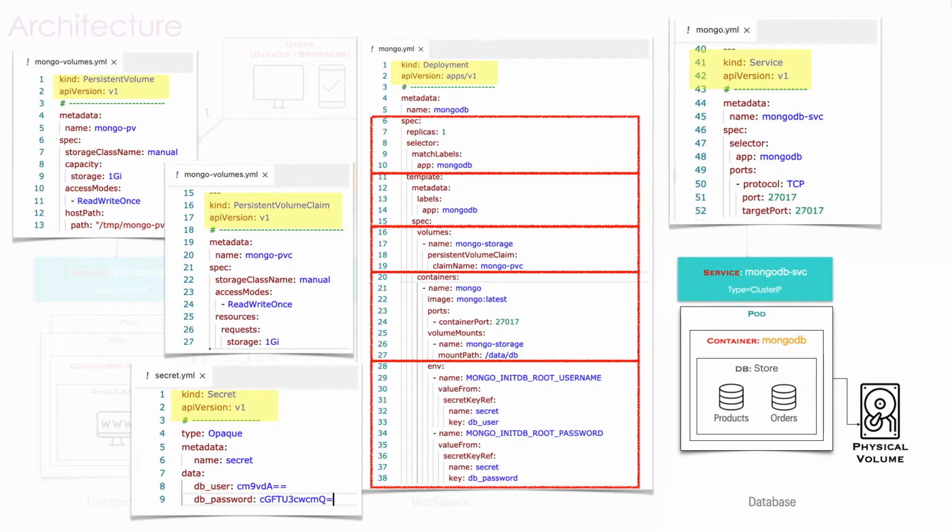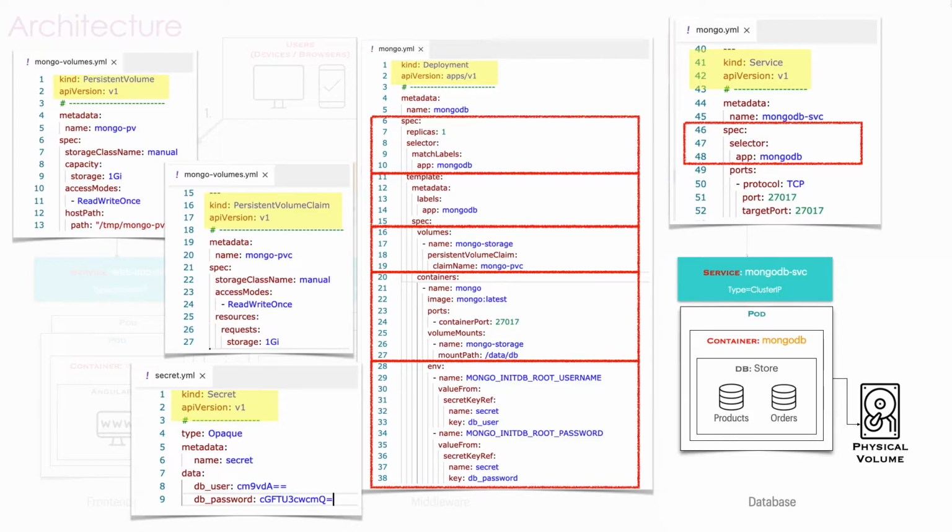The same DB user and DB password are referenced in the environment variables, where it specifies the name of the environment variable, and right below it, it specifies the value is going to come from a secret key reference. The name of the secret key reference is secret, and the key to be used is the DB username. Similarly for the password. Finally, once the pod definitions and the replicas are created, the next thing is service. The service is specified based on the selector.